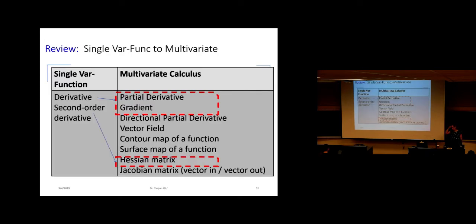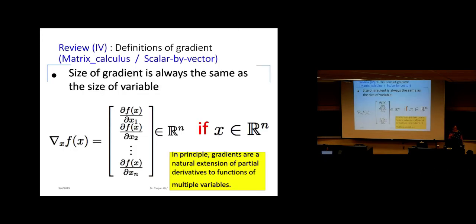So these use partial derivatives and gradient. Hopefully you still remember from your math class, and you just need to review the differences between derivatives, partial derivatives, and the gradient vector.